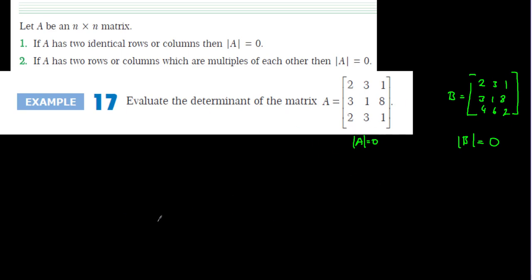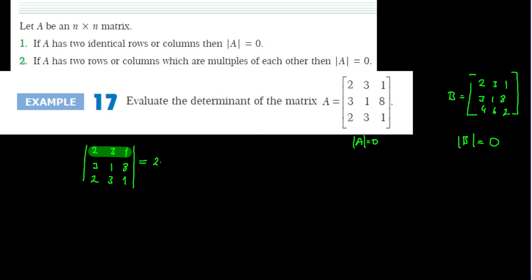Any row we can choose here. I'm going to find the determinant of the matrix with rows 2, 3, 1, then 3, 1, 8, and then 4, 6, 2, using the cofactor method. The cofactor method means we are choosing one of the rows. I'm going to choose this row.